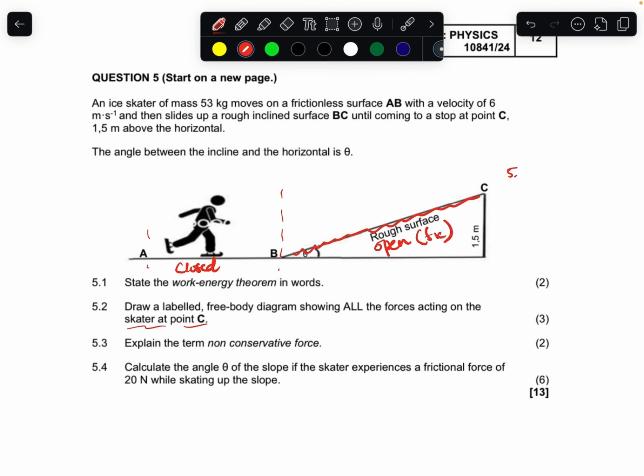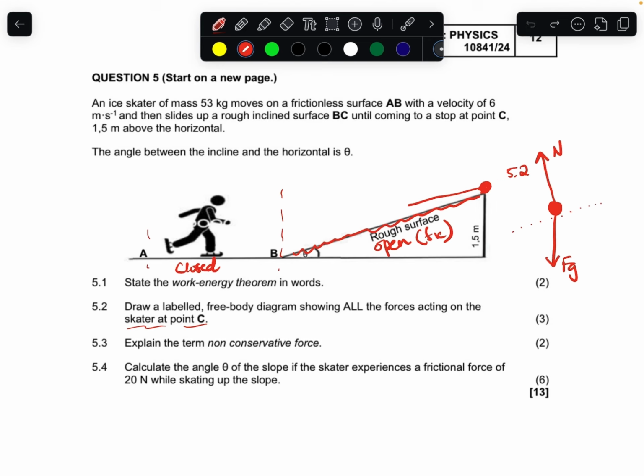Drawing the labelled free body diagram in 5.2, I'm going to make an incline. Guys, you must remember to make the incline with a broken line. At this point it's stationary, the velocity is zero, so there's a normal force perpendicular to the surface. We have a gravitational force, Fg. Since this object is standing here, it could slide down, so there's a frictional force going upwards.